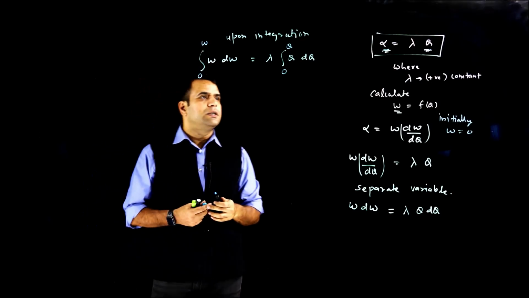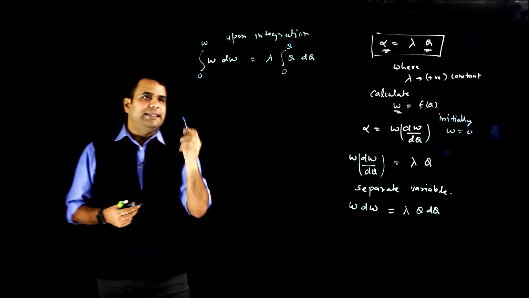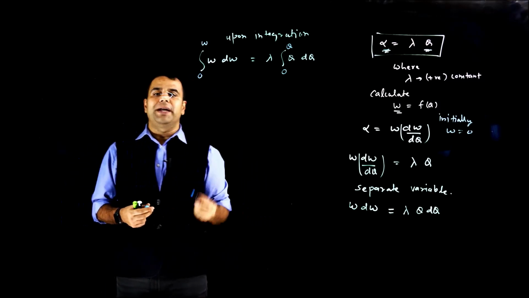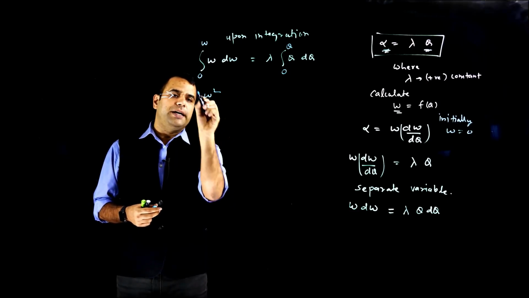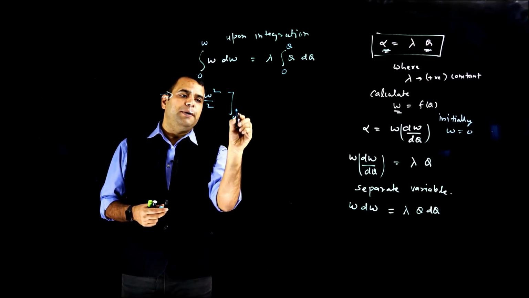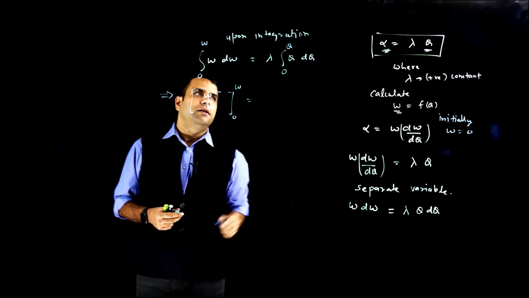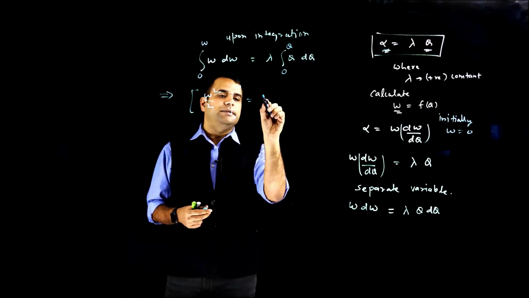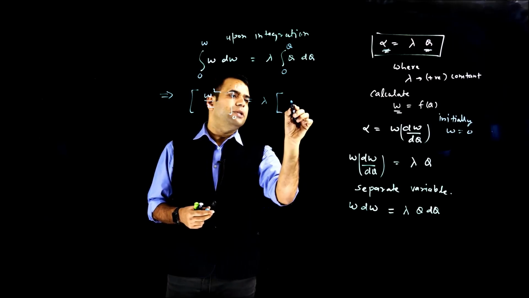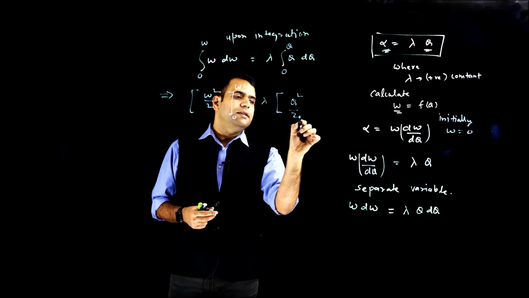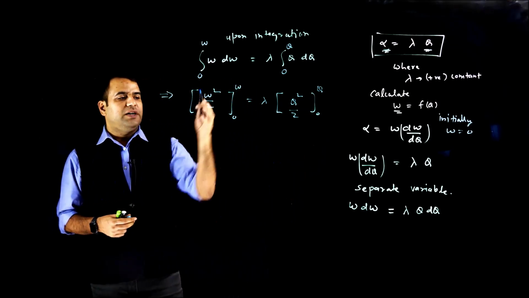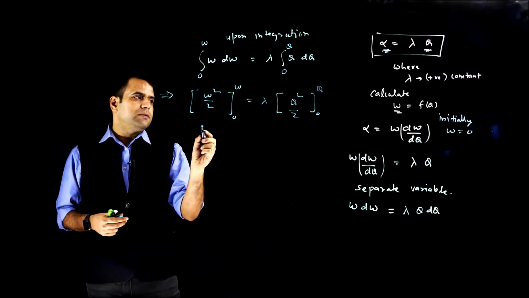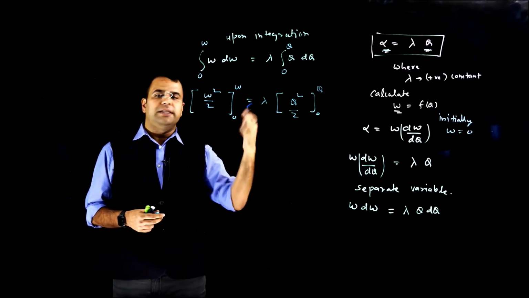Okay. So now let's integrate this. Integration of omega d omega is omega square by 2, limits from 0 to omega. And integration of theta d theta, I think you know that, is theta square by 2, 0 to theta. The 2 is here, 2 is here, they can cancel out.